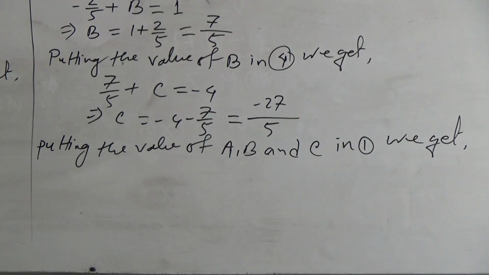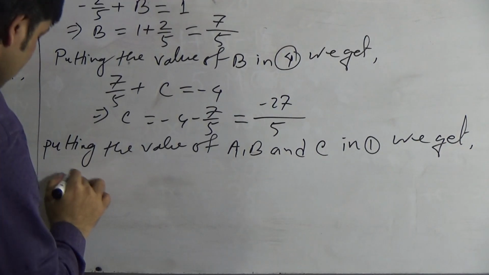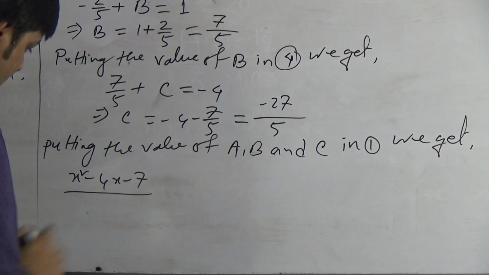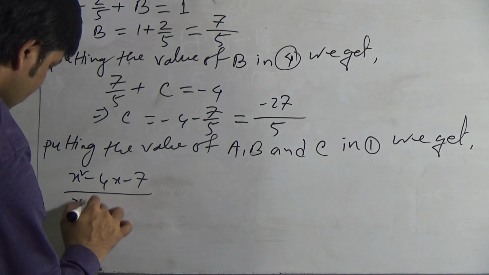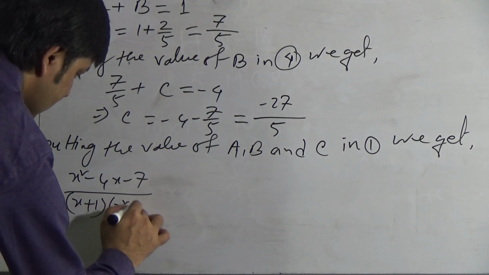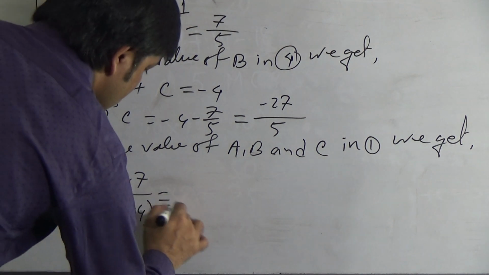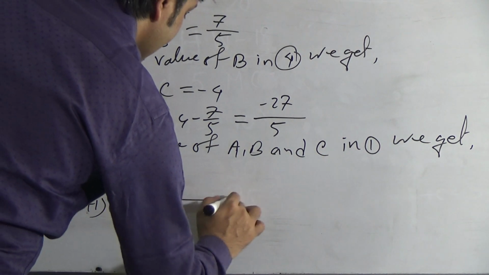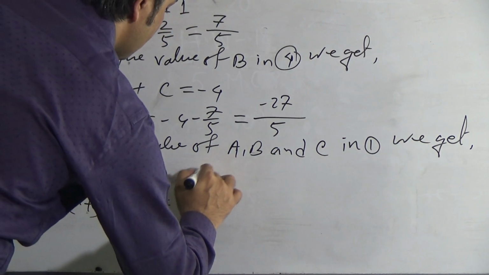Now see, the left hand side, x square minus 4x minus 7 by x plus 1 into x square plus 4, is equal to, the value of a is minus 2 by 5.